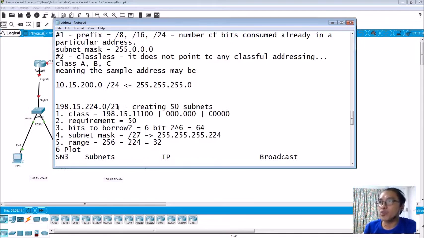So we have to find the 21st bit: 16, 17, 18, 19, 20, and 21. So 16 plus 5 is 21. These bits of your address cannot be used anymore. I marked it here so that the 21st bit cannot be used, and the last bits from the third octet down to the fourth octet can still be used.